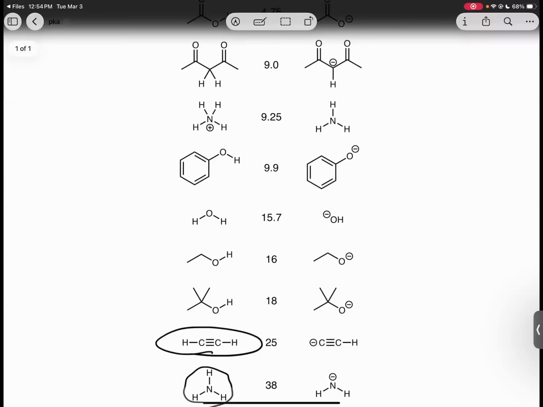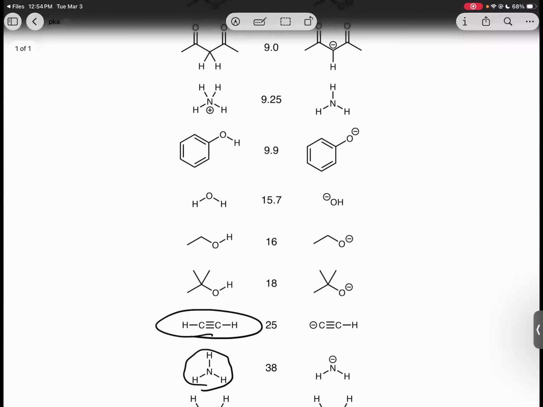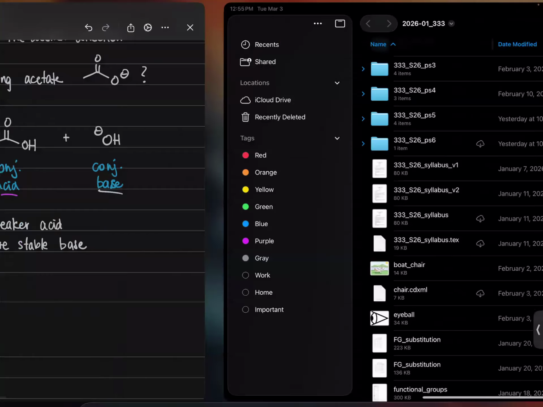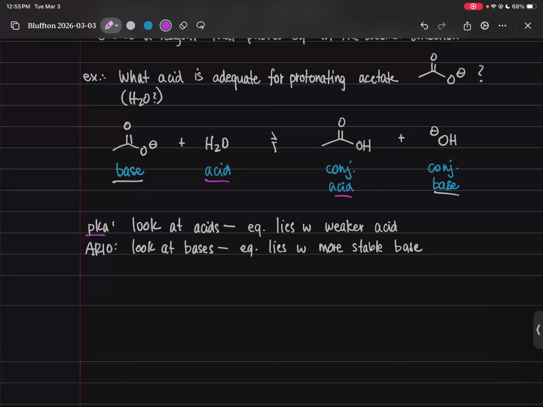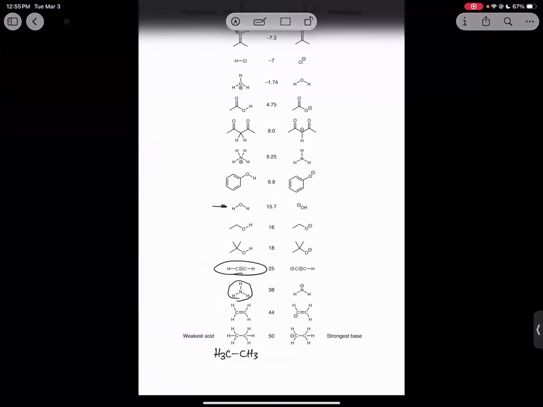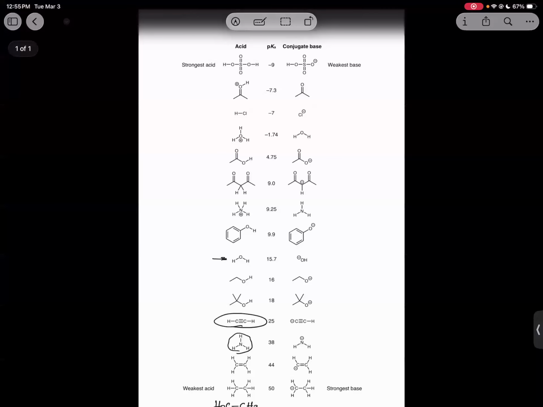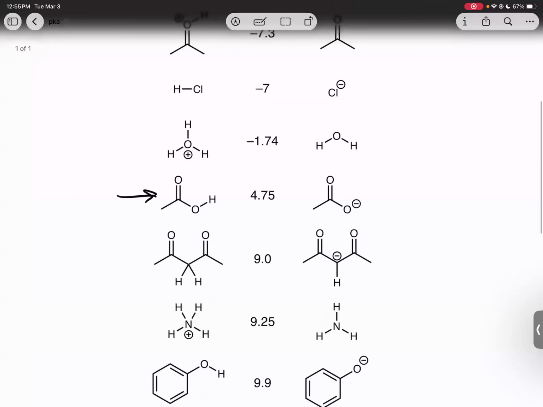All right, water is 15.7. And acetic acid, do I have acetic acid? Yes, acetic acid right there is 4.75.